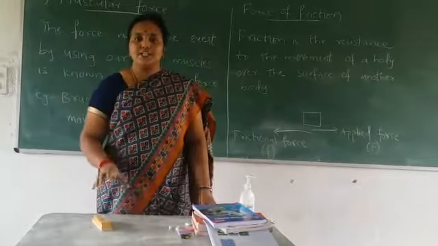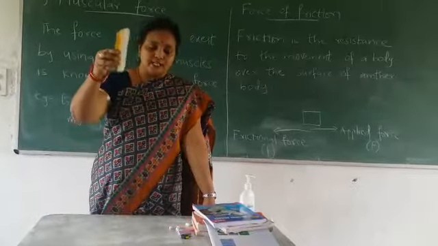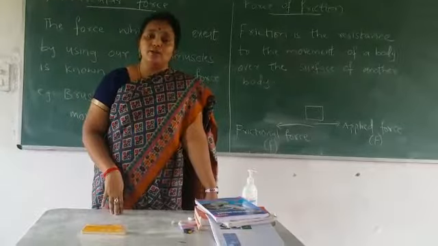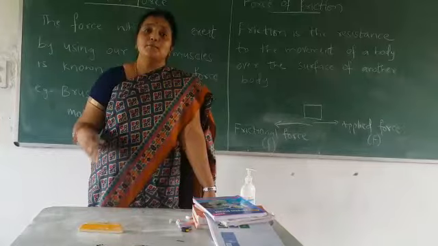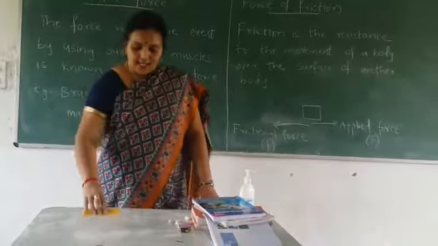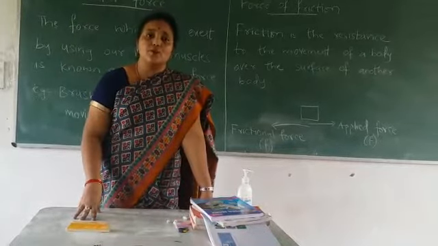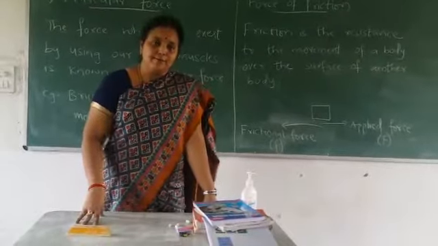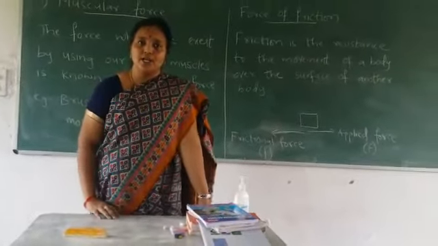So frictional force is the force which is developed when an object comes in contact with a surface, and it is always a stopping force, which always stops the movement of the object. The other thing is, this muscular force which made the duster move is called the applied force. So frictional force is always opposite to the applied force.